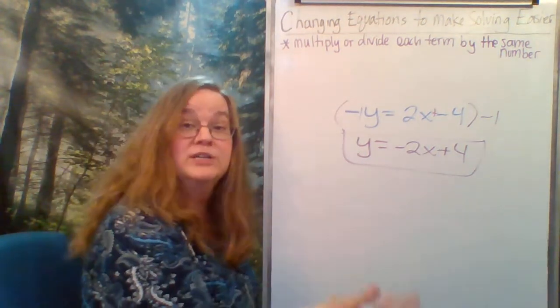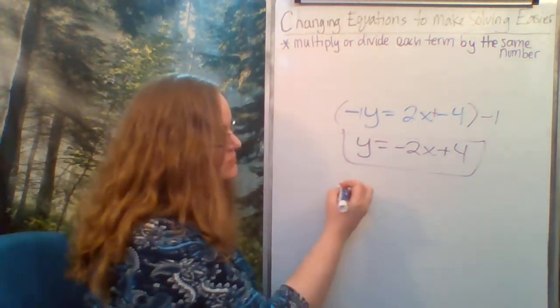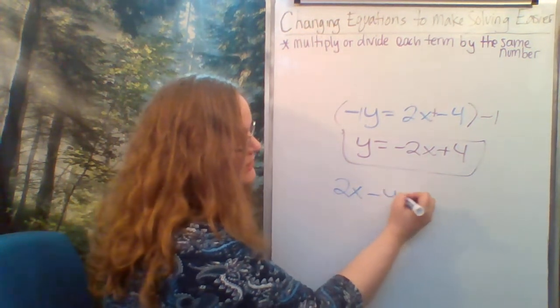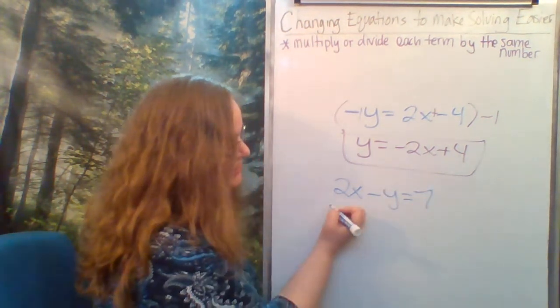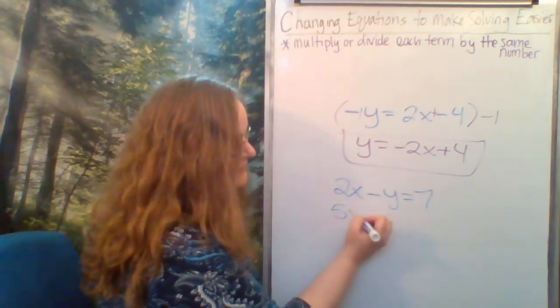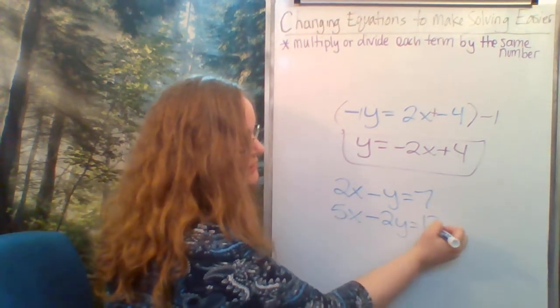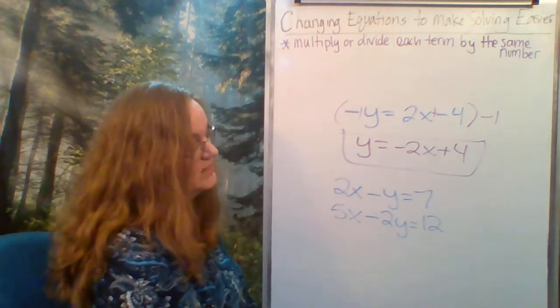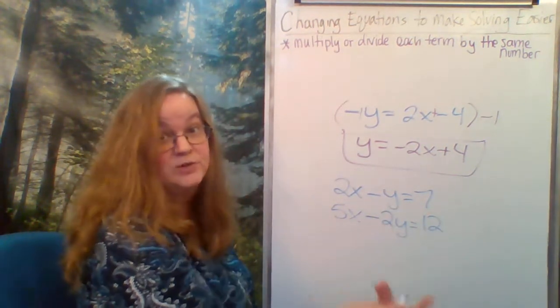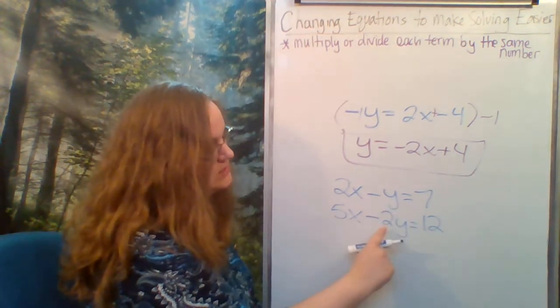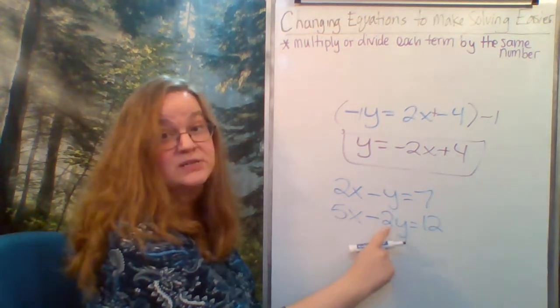So when we start looking at systems, we're going to have two equations. So let's say I have 2x minus y equals 7, and I've got 5x minus 2y equals 12. Well, let's say I want to add these together, which we're going to do in elimination. Don't worry about it. What I need is for these to have opposite coefficients.